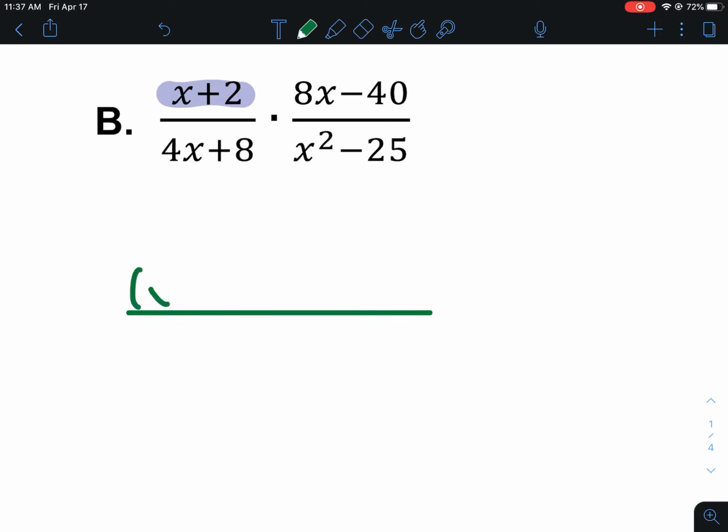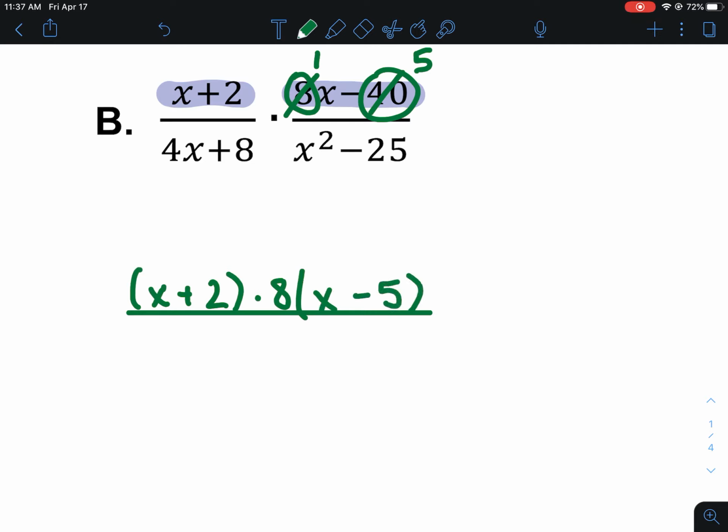I'm going to look at this first one. There's nothing I can do, so I'm just going to leave it. In this next one, I can take out an 8 from each of these. If I divide each of these by 8, I'm left with 1x minus 5. I can take out a GCF of 4 here.